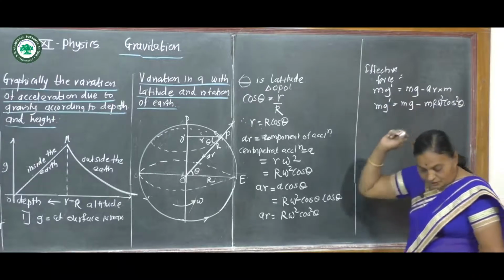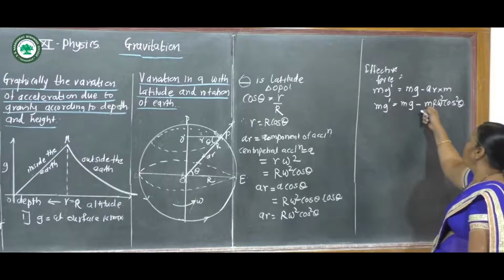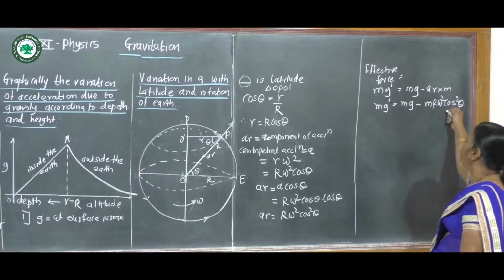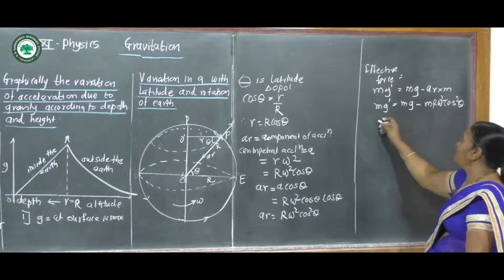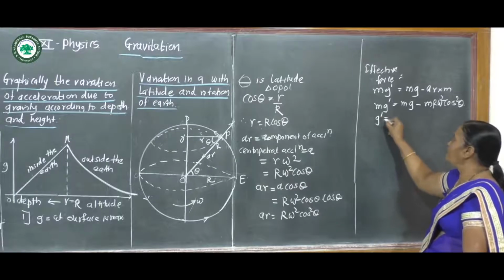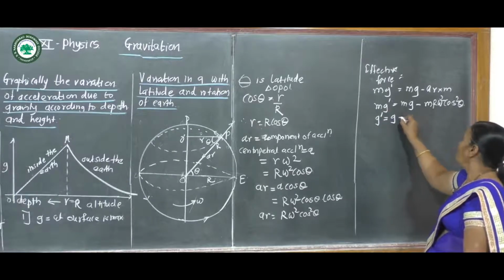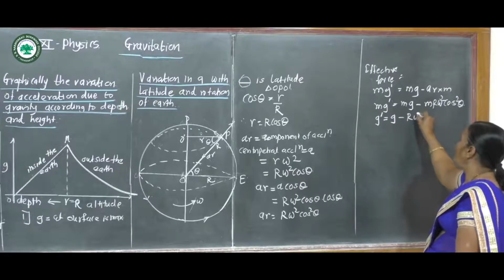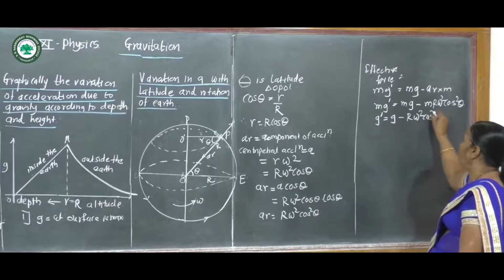Effective force is equal to mg minus m R omega square cos square theta. m gets cancelled, and we get g dash is equal to g minus R omega square cos square theta.